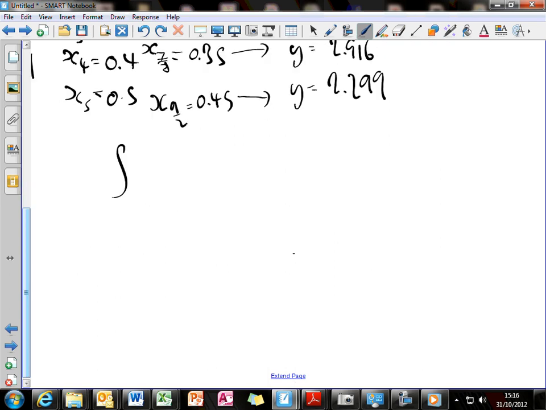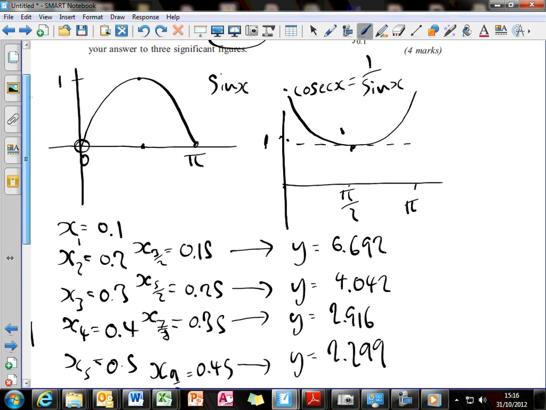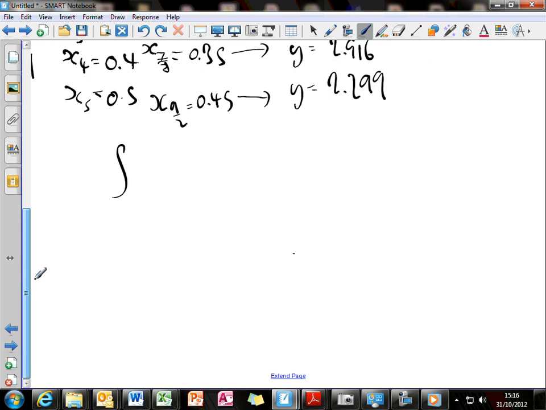And the mid-ordinate rule, or the approximation for this integral, with a dx there, is going to be the width of the strips.